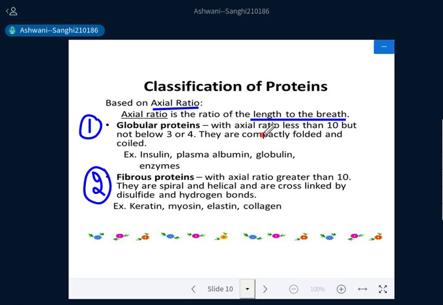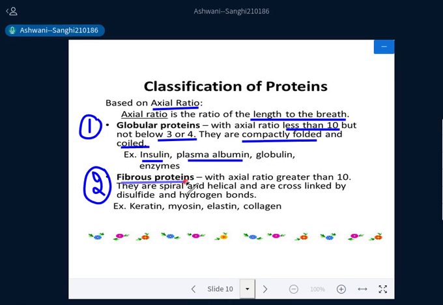Globular proteins have an axial ratio less than 10, but not below 3 to 4. These are compactly packed, folded, and coiled. Examples: insulin, plasma albumin, globulin, enzymes.